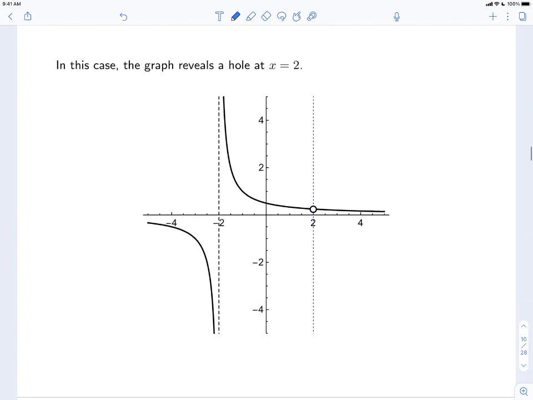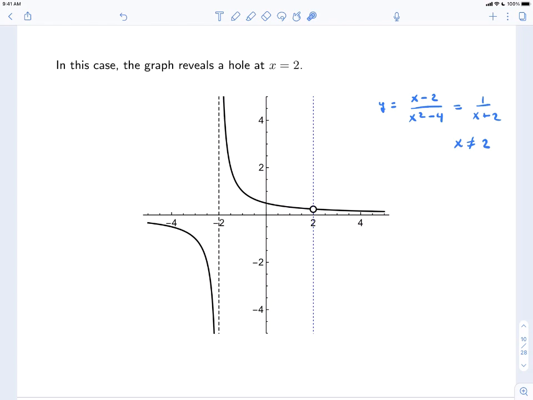In this case, if you look at the graph, this is the graph of y equals x minus 2 over x squared minus 4. You can see that you have a graph with a hole in it at x equals 2. And in fact, this graph is the graph of 1 over x plus 2, but where x can't be equal to 2. x equals 2 is not in the domain of our original rational function.